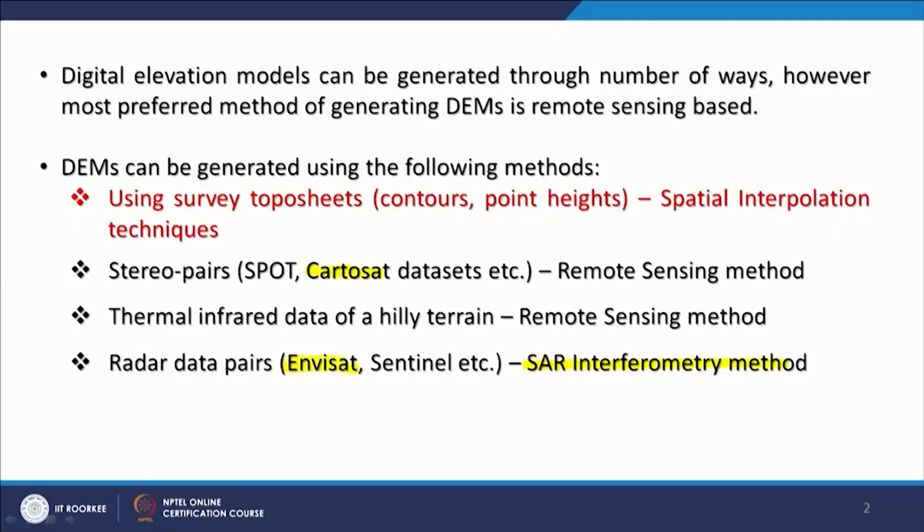Now these radar pairs also later became available from satellites like Envisat, which is a European satellite, Sentinel, which is also a European satellite, ALOS PALSAR, and one more satellite which started this SAR interferometry also, RadarSat of Canada. Many such satellites, especially in the microwave region of the EM spectrum, started providing radar data pairs, and these were employed to generate digital elevation models using the SAR interferometry technique.